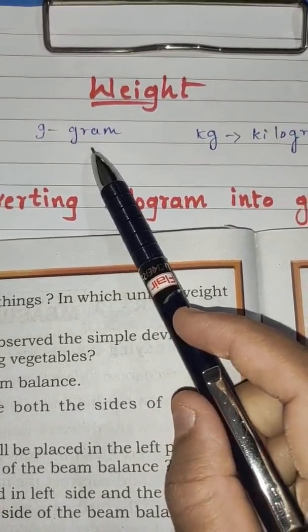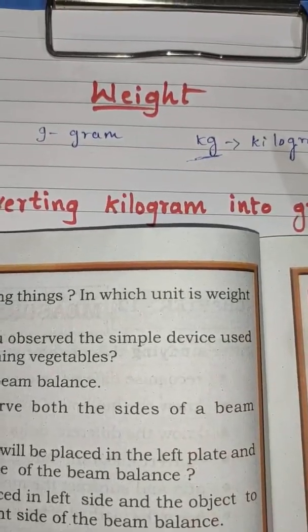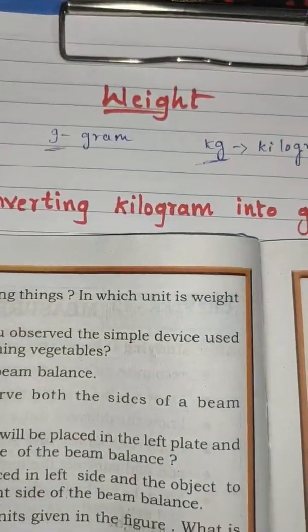So the kilogram is represented by kg and gram is represented by g. Understood?